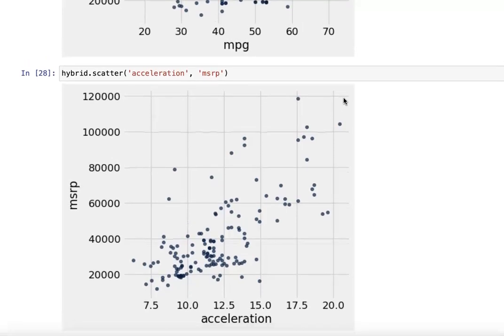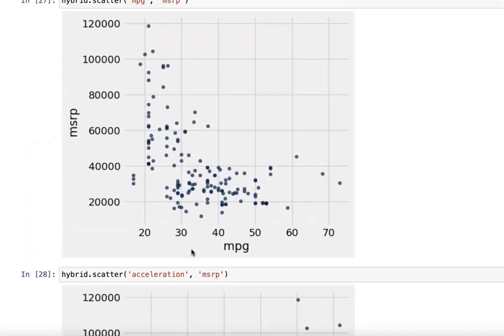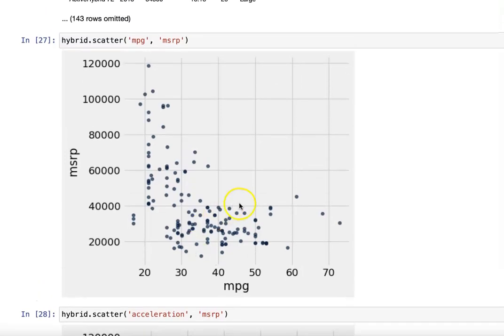One thing is, for acceleration we can see more clearly that they are linear. But with gas mileage and the MSRP, they have a negative association, and they don't really have a linear relationship.